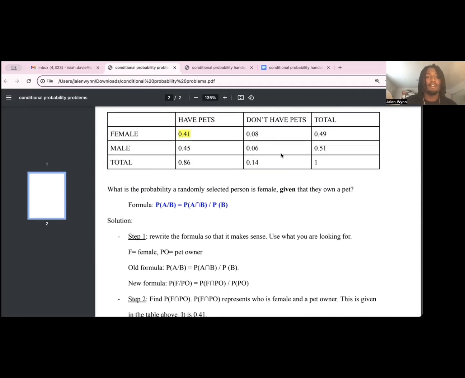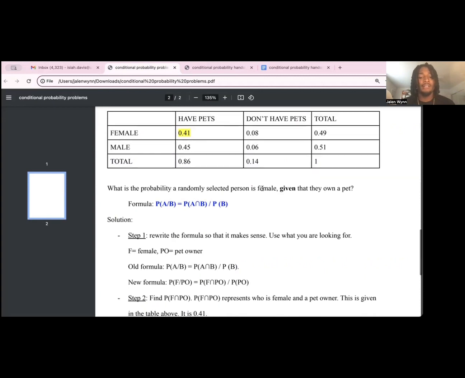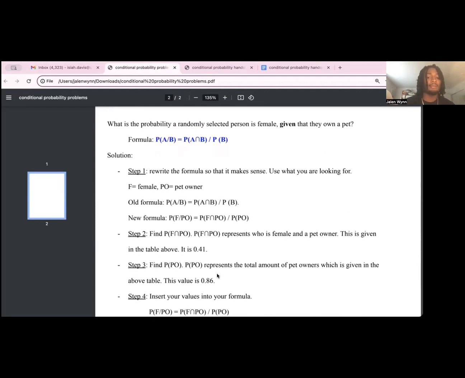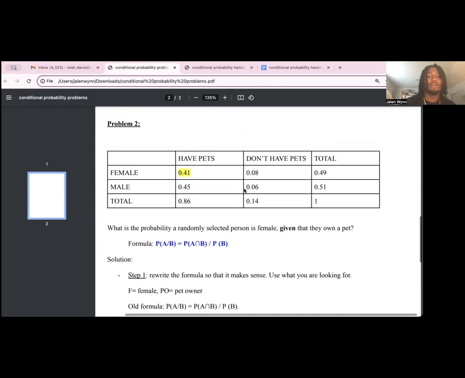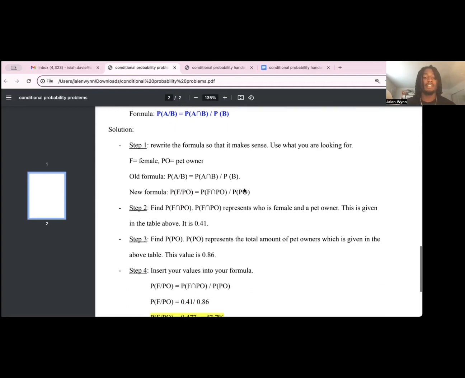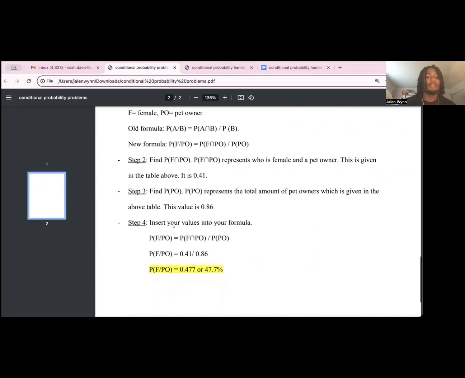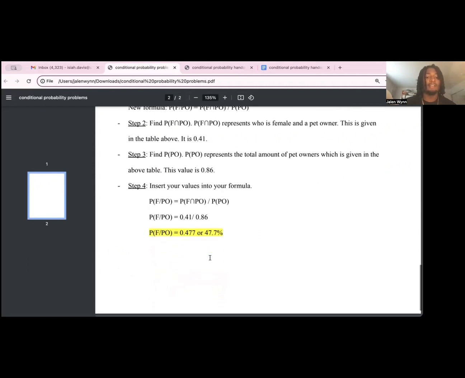We have some numbers in our table right here. So with step two, what you want to do is plug in. In this table, 0.41 is already given. So when you scroll down, all you do is plug in and there's your answer.